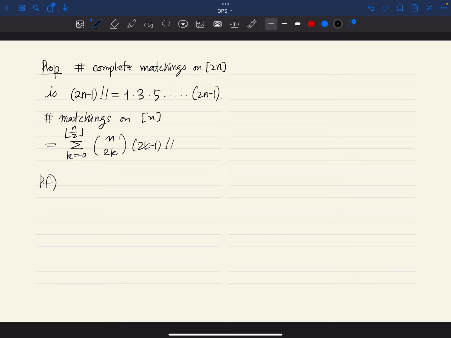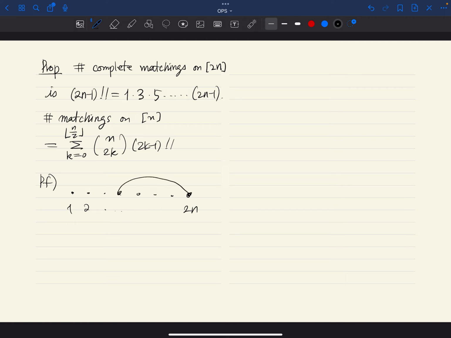But this can be done quite easily if you consider how a complete matching is constructed. Just imagine 1, 2, 3, 4, 5, 6, up to 2n. How do you construct a perfect matching? You have to connect the last integer to some of the previous integers.